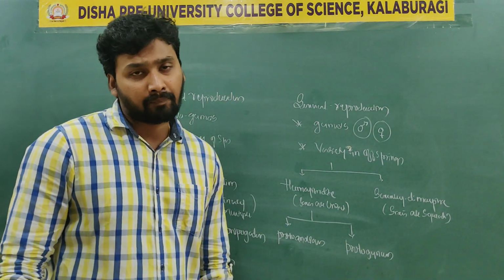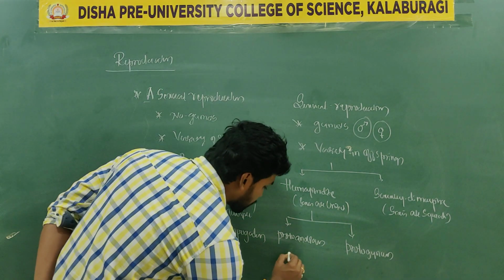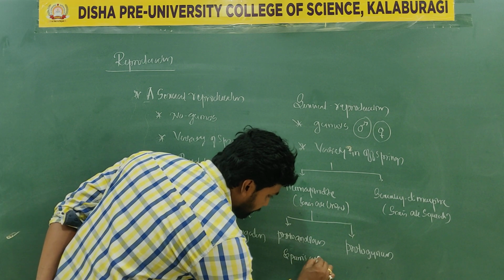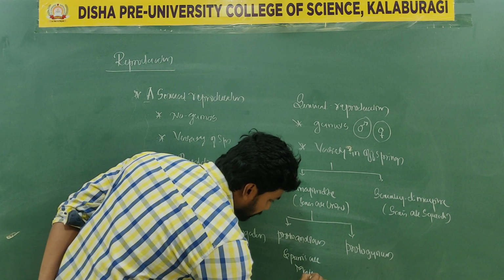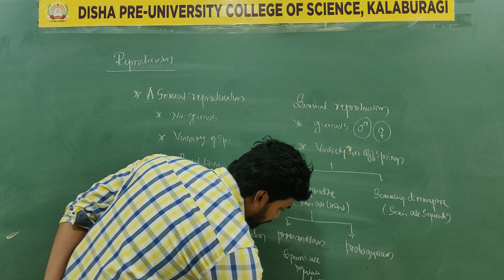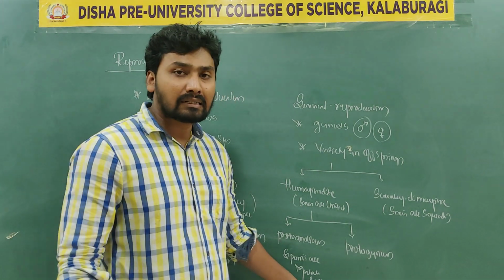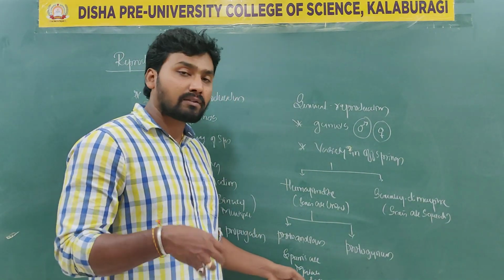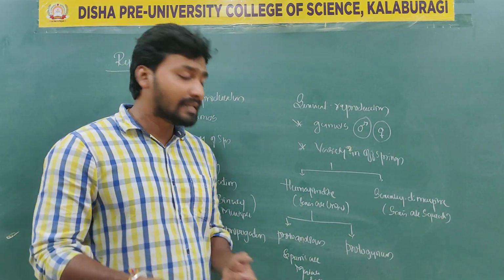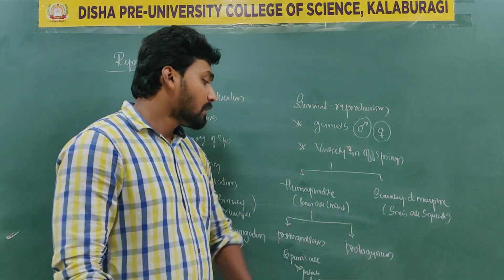Proto-androus is a condition in which the sperms are matured earlier than ova. Eggs are matured later than the sperms. Sperms are the first cells which will get matured and released. So that is the proto-androus condition.